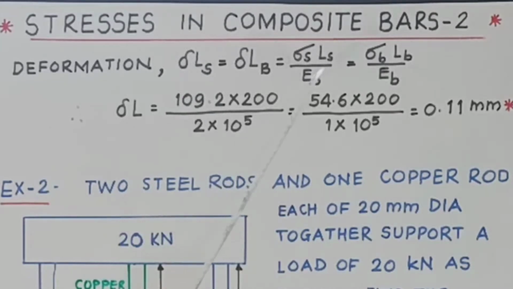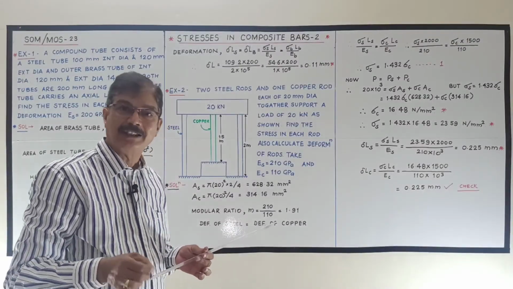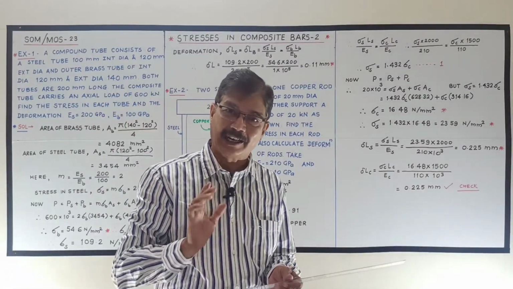Sigma into L upon E. So if you substitute for steel, sigma S is 109.2 into 200, that is length, upon 2 into 10 raised to 5. Sigma B is 54.6 into 200 upon 1 into 10 raised to 5. Both the ratios come as 0.11 mm. That is correct. So that is the check, that deformation of each material is the same.